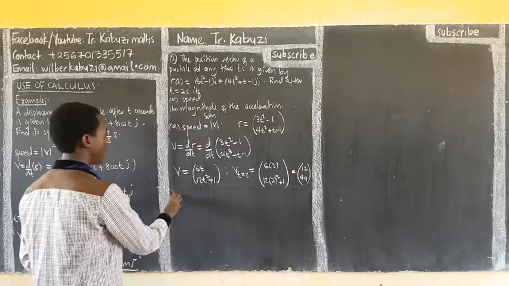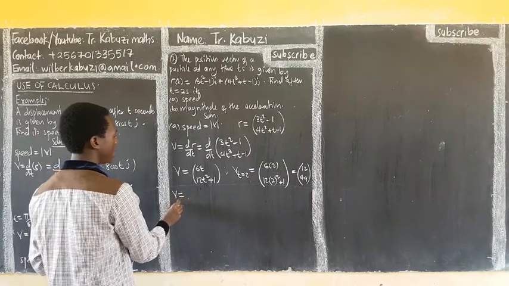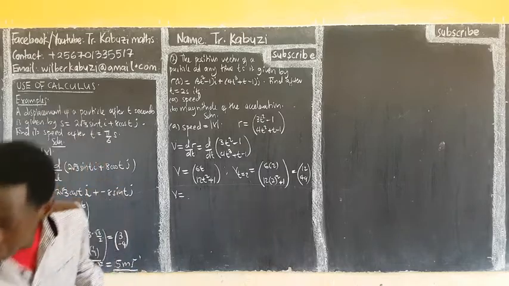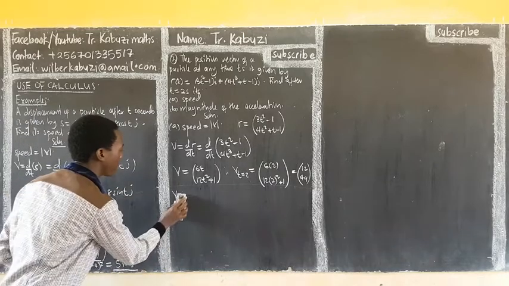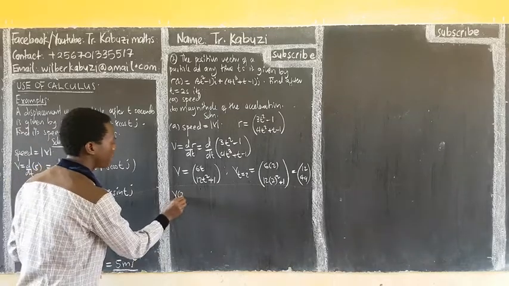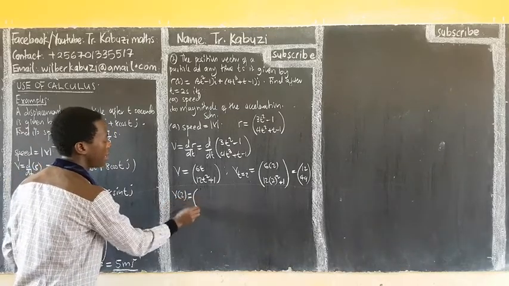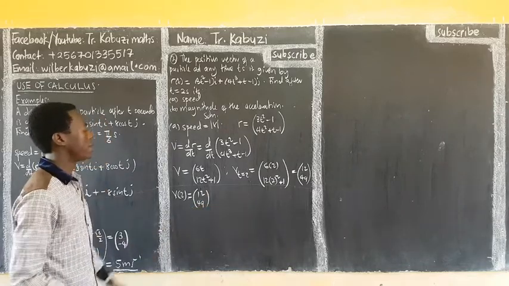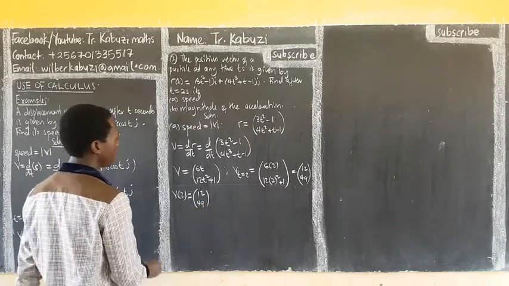So our velocity after 2 seconds is going to be 12 i plus 49 j.